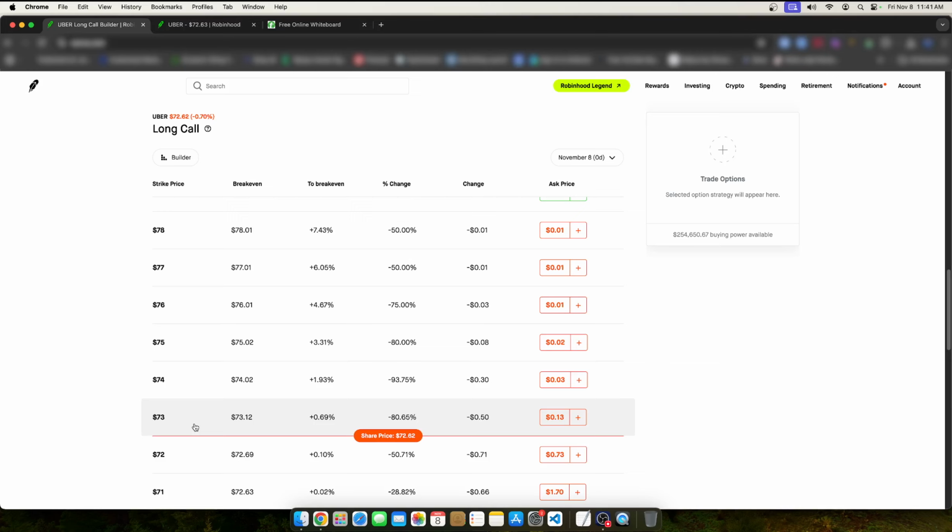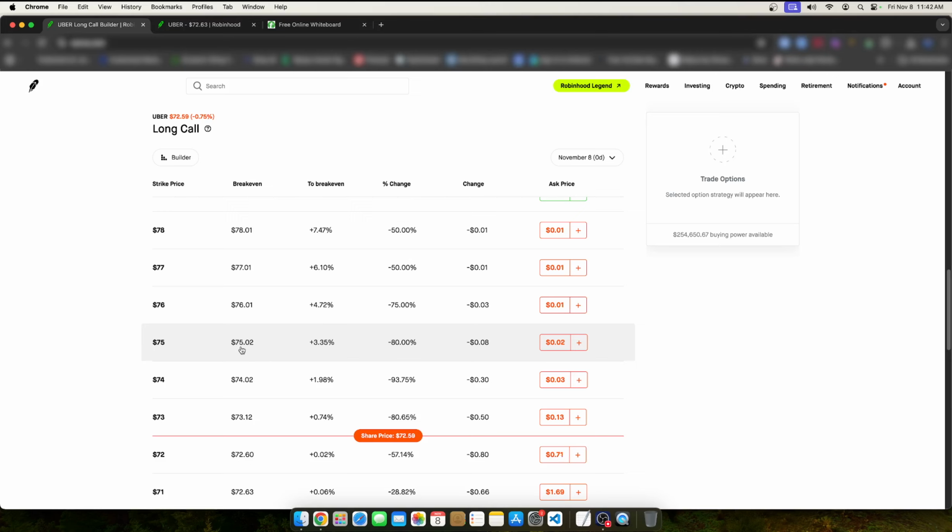So if I look at, for example, something like this, this is a much more risky bet than this. And this is a riskier bet than this. Why is that? Because our break-even price is changing. Look at this, right? So 75.02 means that the price has to break 75.02 for us to even make a profit, right?